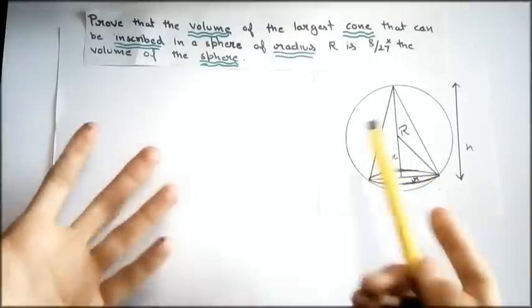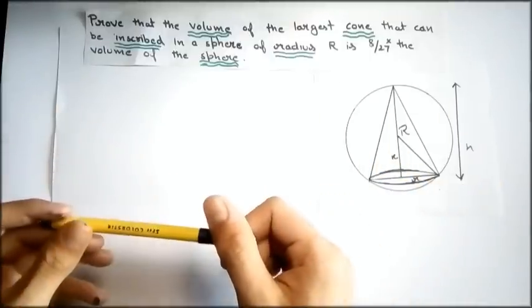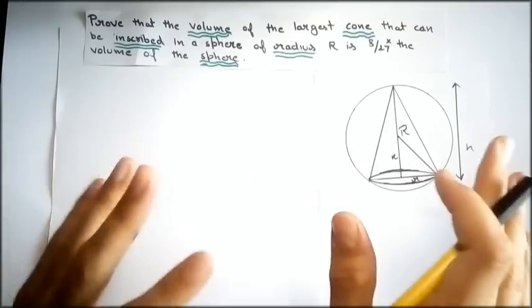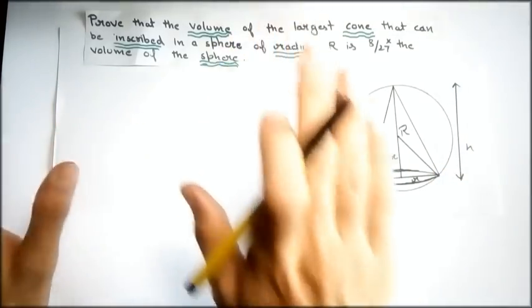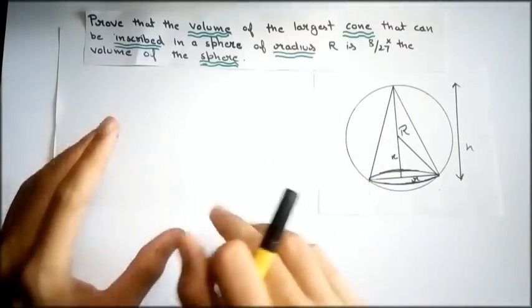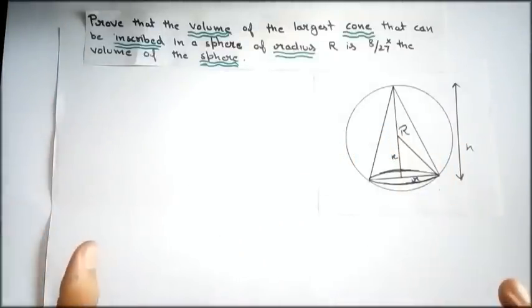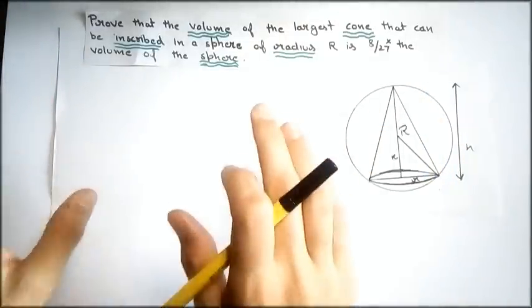Now I understand, and I will show it to you. If you know this one, there are hundreds and thousands of inscription questions in which students always get confused about which variable to differentiate with respect to. With this one you can understand everything easily.